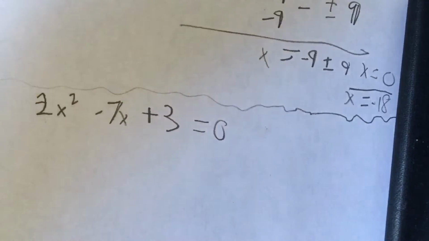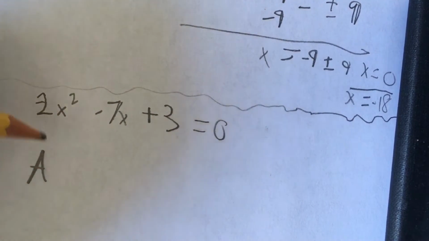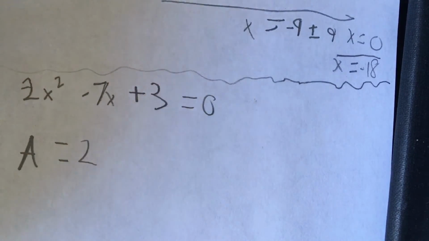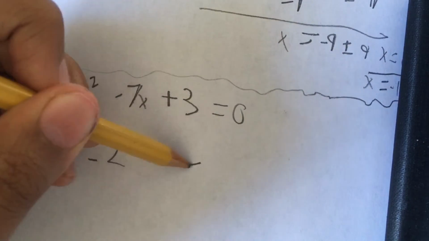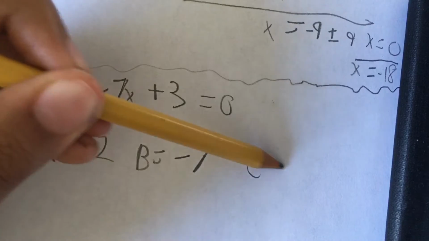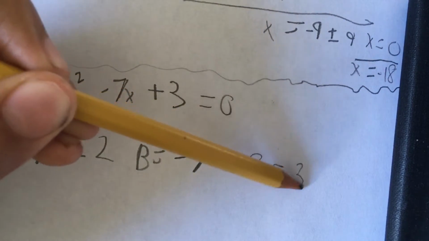Well, a is going to be the first number. So first number is 2, so a equals 2. Next is negative 7 since it's being subtracted. So b equals negative 7, and c is going to be, you guessed it, the third number. So c equals 3.